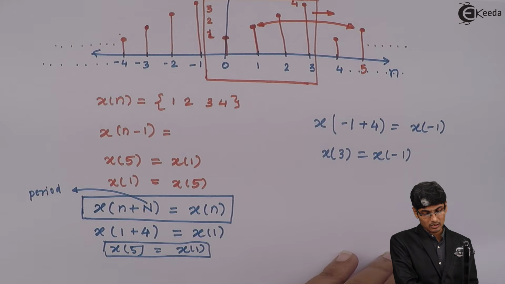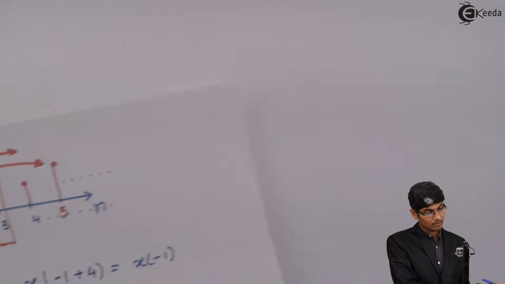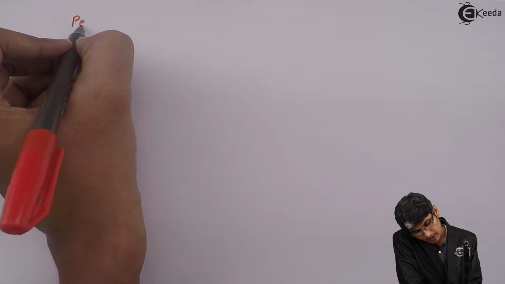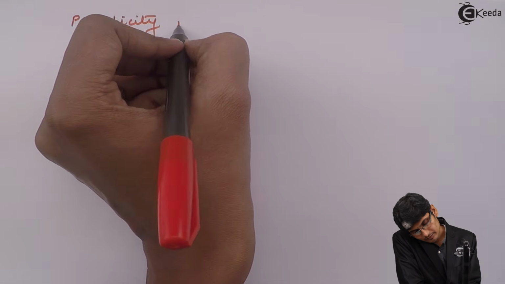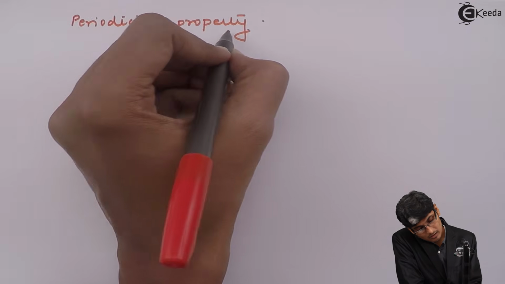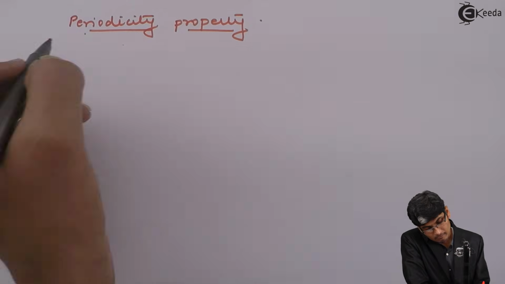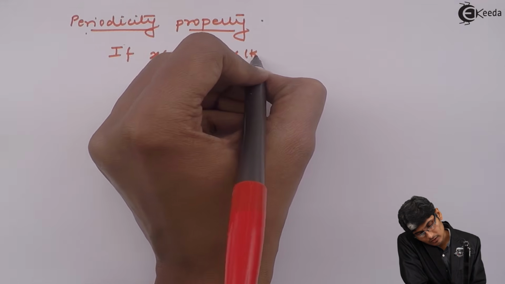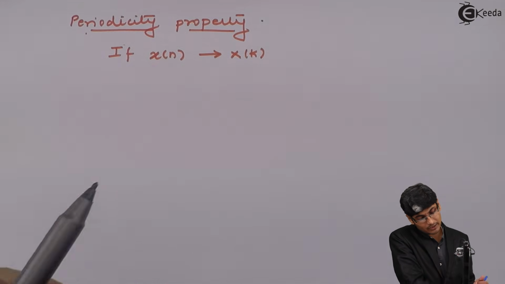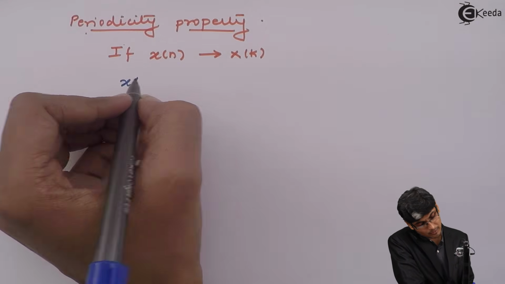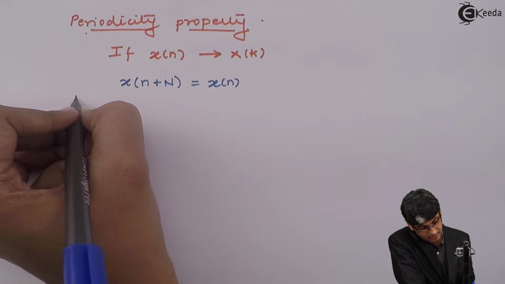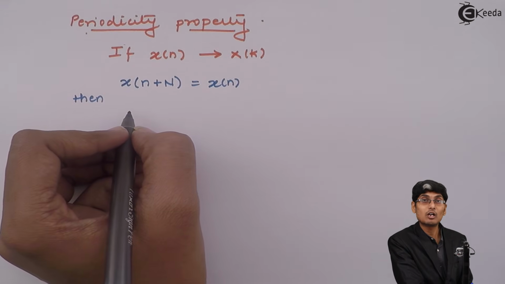Now we can go to the periodicity property. The periodicity property says that if I have x of n whose DFT is x of k, and x of n is periodic, so let us say it satisfies this condition, then my x of k will also be periodic.